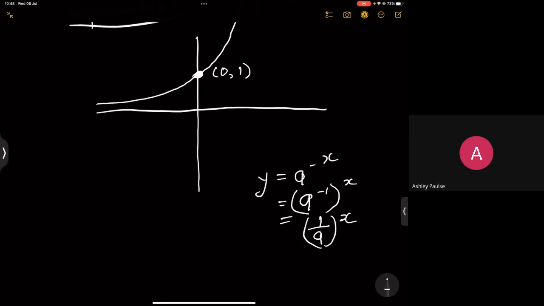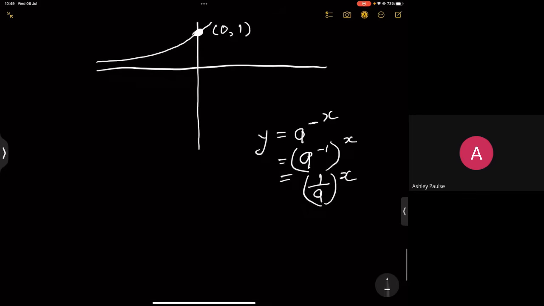Okay, so all that you are doing in this case is a reflection. Once I change the sign of x, this now becomes the reflection around the y-axis. So it means that your graph would now be looking something like this.